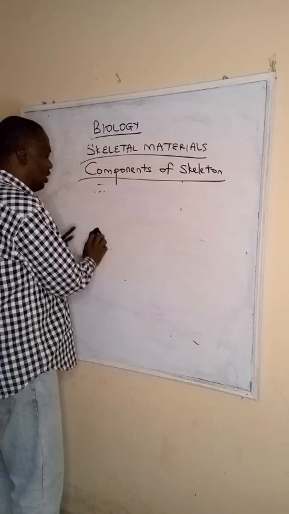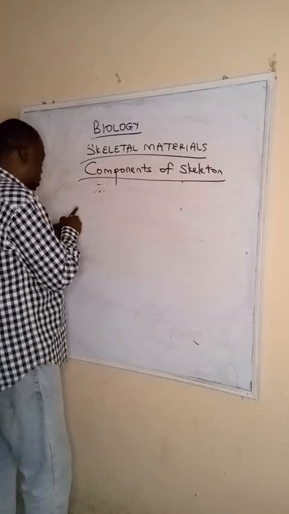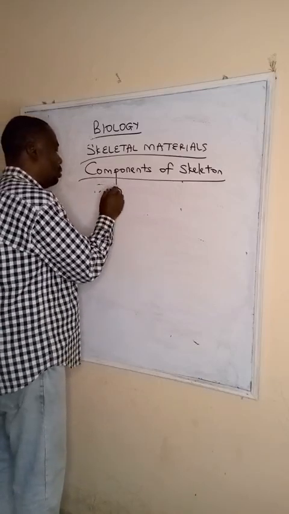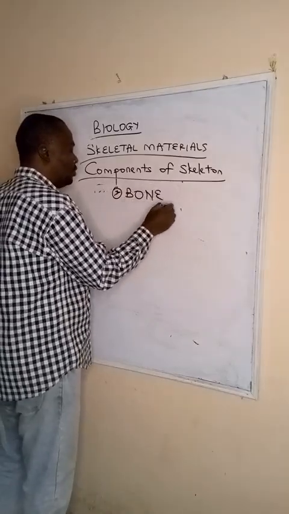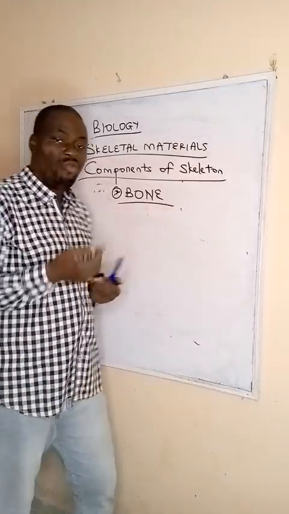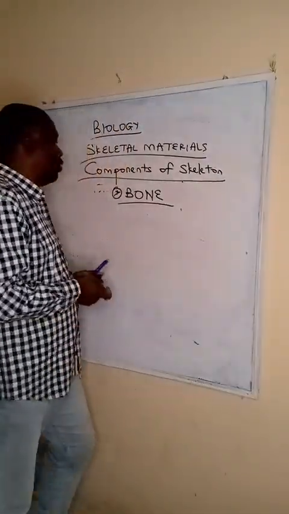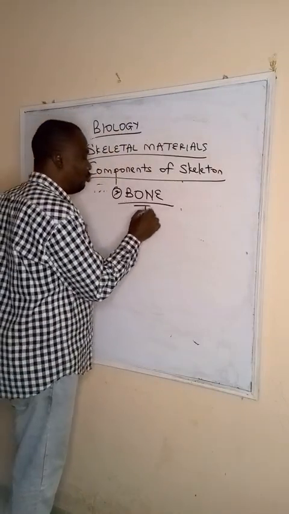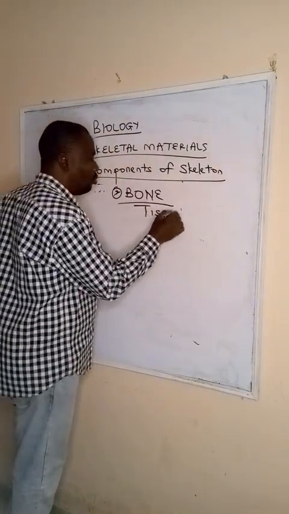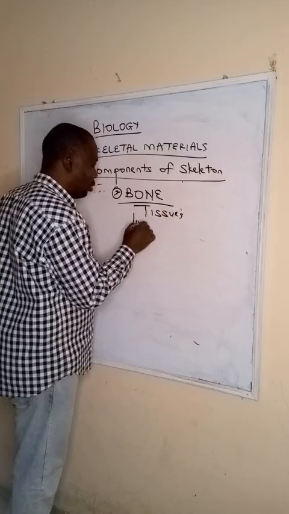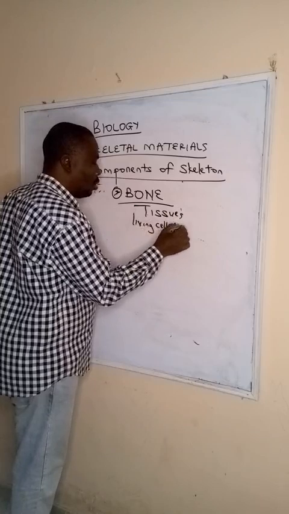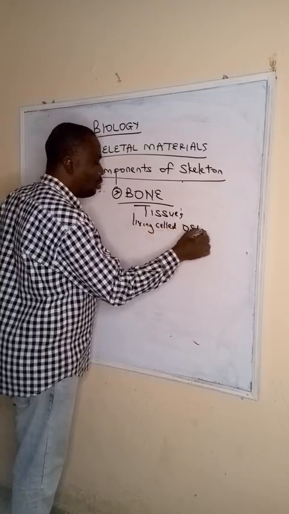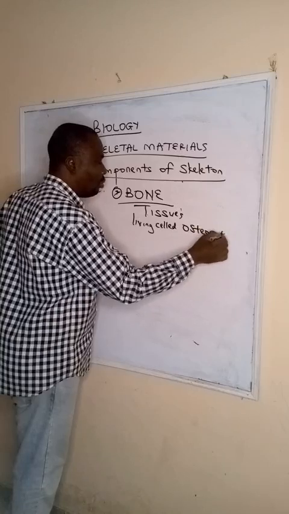So the last skeletal material now is the bone. And take note, cartilage does not have its own blood supply. They get their nutrients by diffusion from nearby sources in the body. But bone is a tissue. It has living cells called osteocytes.